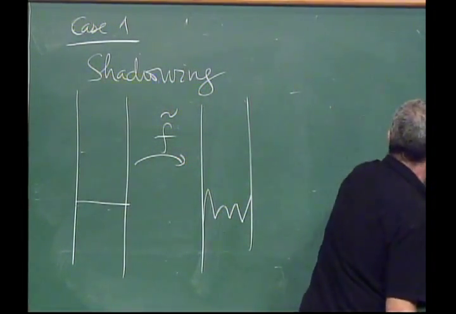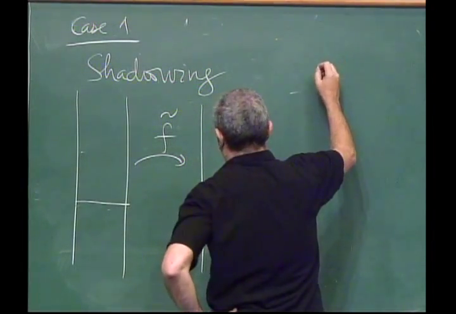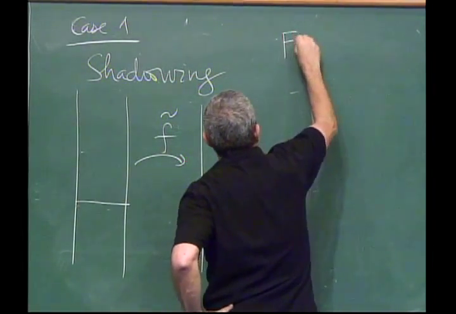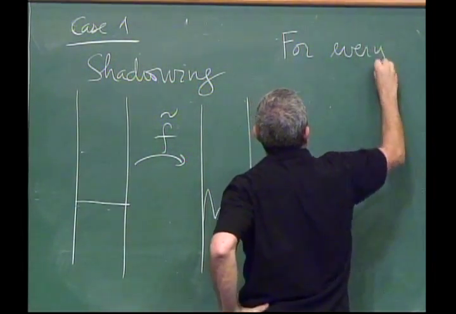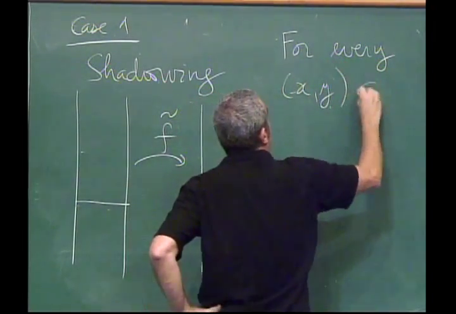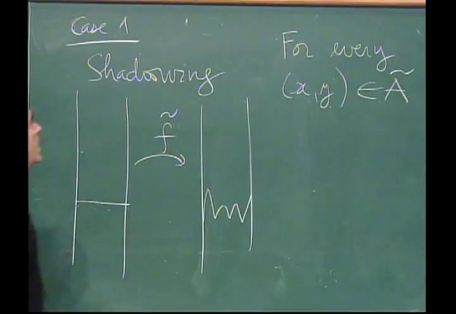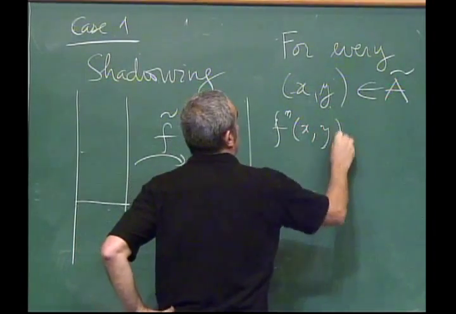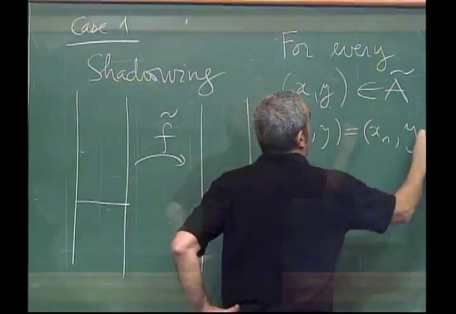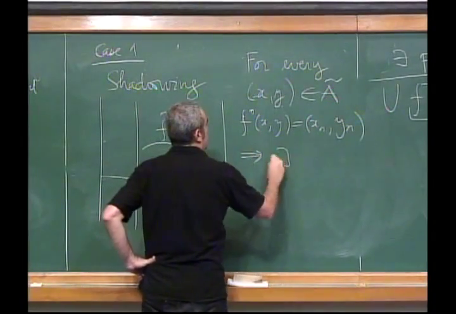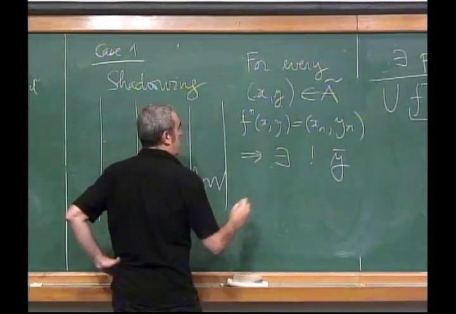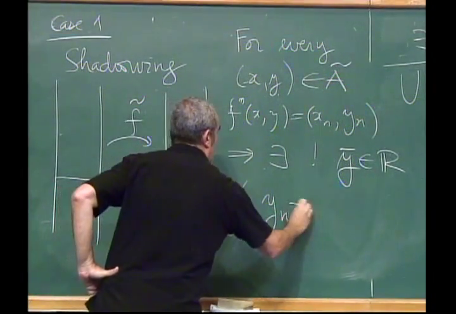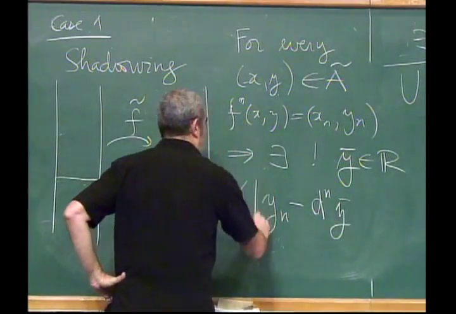The shadowing property is the following: for every x, y in the lift, if you denote the iterates by xn, yn, then there exists a unique y in R such that yn minus d to the power of n times y bar is bounded.